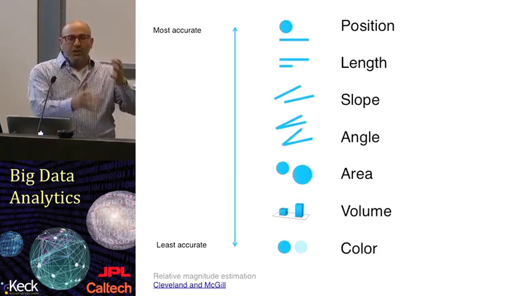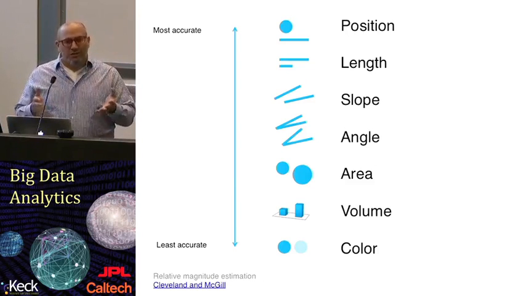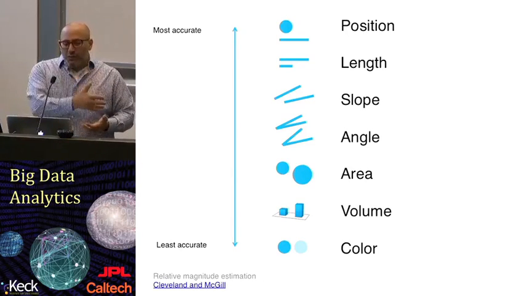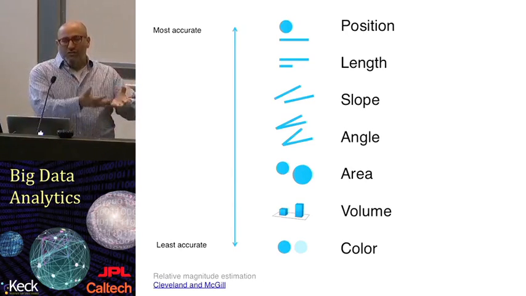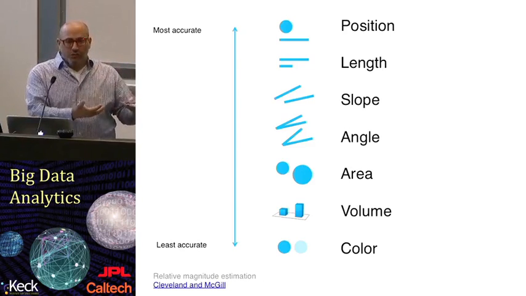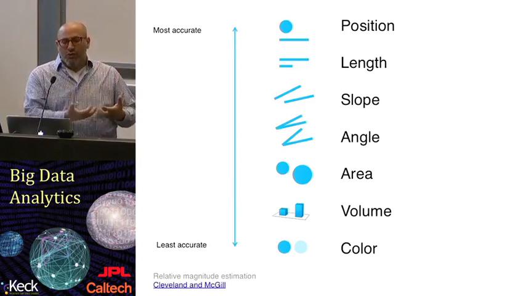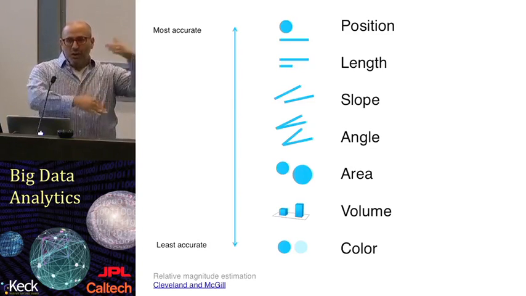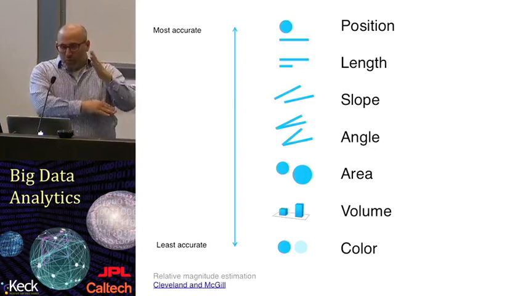This is something you see very often in scientific visualization: someone will make an example where they're trying to show a difference in volume, where the same numerical difference would be much more clearly demonstrated by differences in length or in angle or in slope.